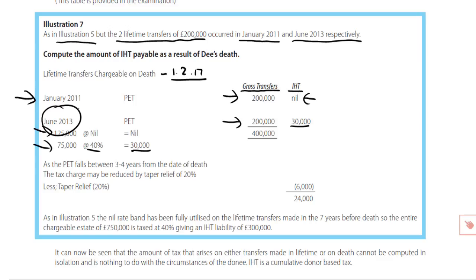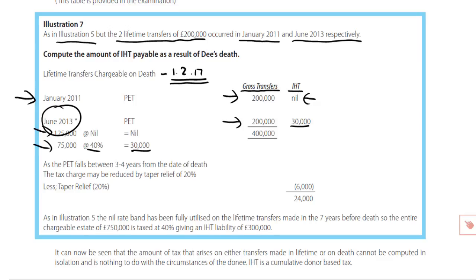To be precise, between 3 to 4 years. 4 years on from June 13 would have been June 17. Didn't survive until then, died in February 17. 3 years on from June 13 would be June 16. So yeah, we survived for between 3 to 4 years.